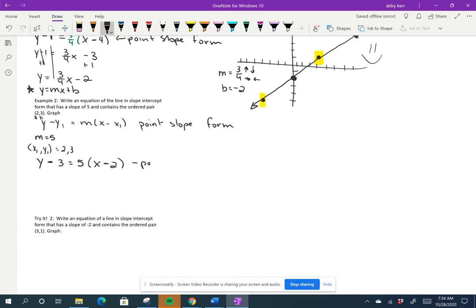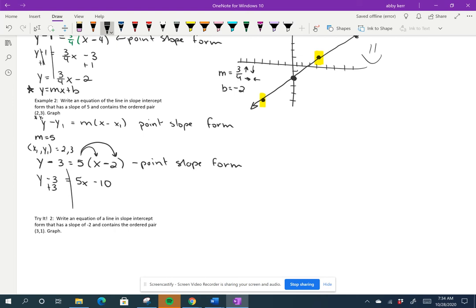So we have this in point slope, but we need to have it in slope-intercept form. So we're going to treat it just the same as we did before. We can't do anything with that minus 3 yet because the parenthesis is not gone. So 5 times x is 5x. 5 times negative 2 is negative 10.